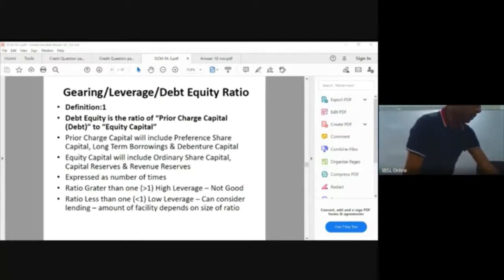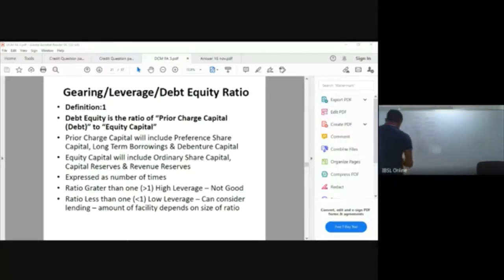The answers will be: first one, 350 divided by 1,480. Answer is 0.36.